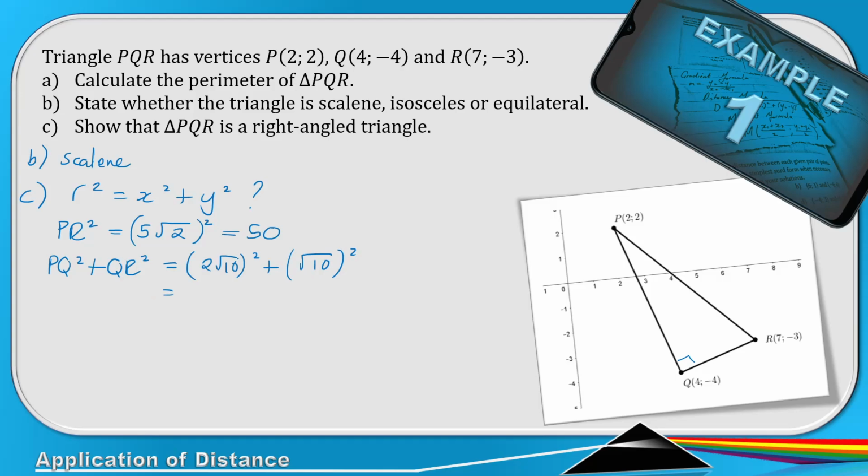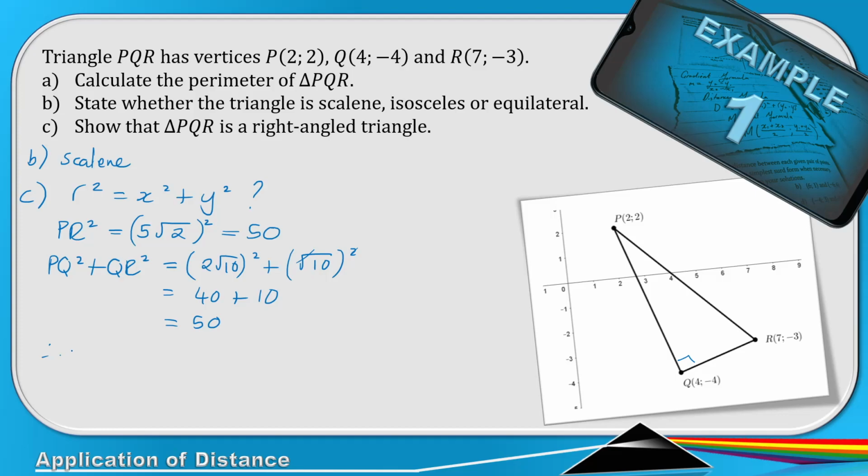Then if we square the 2, that's 4. If we square the square root of 10, that becomes 10. So 4 times 10 is 40, plus 10, and that is also equal to 50. So we can see that PR squared is 50, and PQ squared plus QR squared is 50.